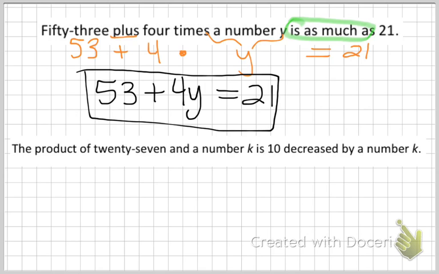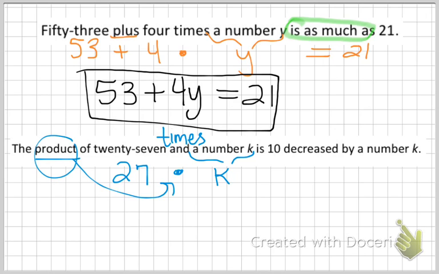Next we have the product of. Again, the product of means times. We're going to multiply. The two things we're going to multiply are right after the word of. 27 is a number, and a number k. This is where the times occurs. 27 times k. So the product goes right here. Is 10.